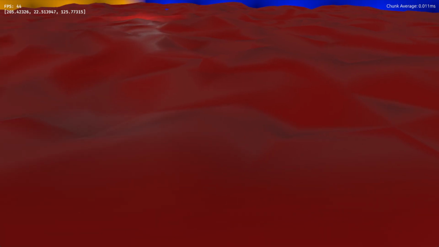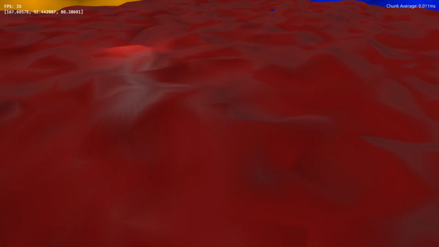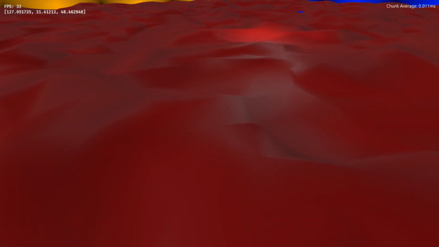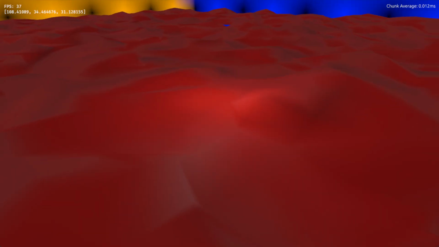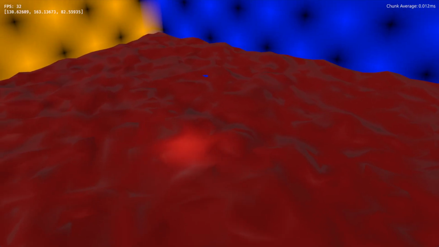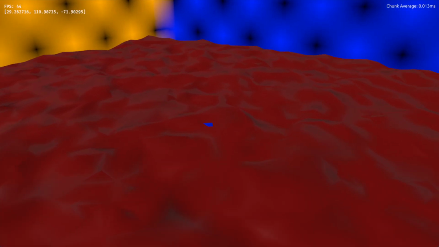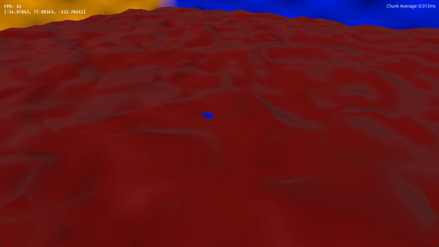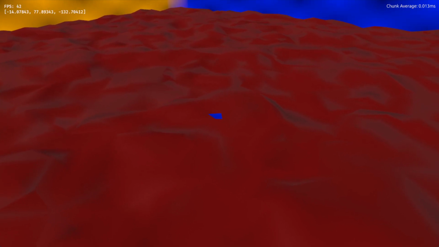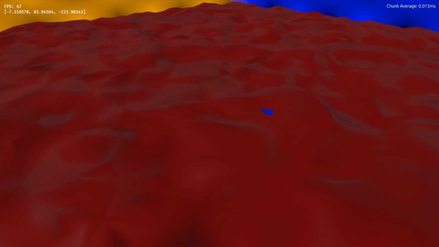But all that being said, I'm quite happy to see that even very low levels of detail of this terrain still look acceptable, especially from a distance. That hole there is for a different reason. I just need to increase the threshold on my optimizations from before, so that's an easy fix.